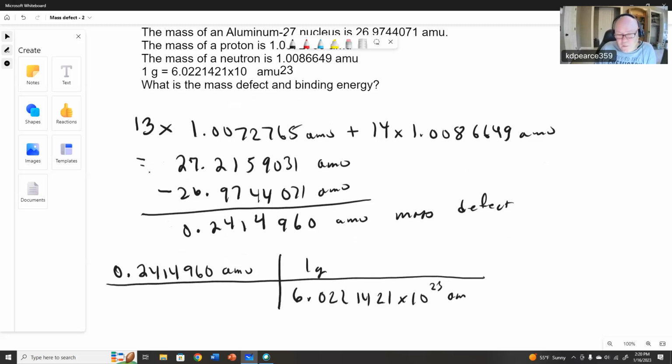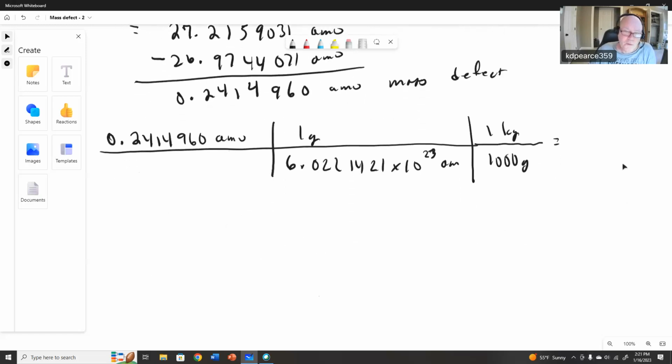This is Avogadro's number, by the way. And that'll give us how many grams we have, but we need kilograms because in E equals mc squared, the mass has to be in kilograms. So we'll say 1 kilogram is 1,000 grams. And now we're almost there. We put that in our calculator and we get 4.0101345 times 10 to the minus 28 kilograms.